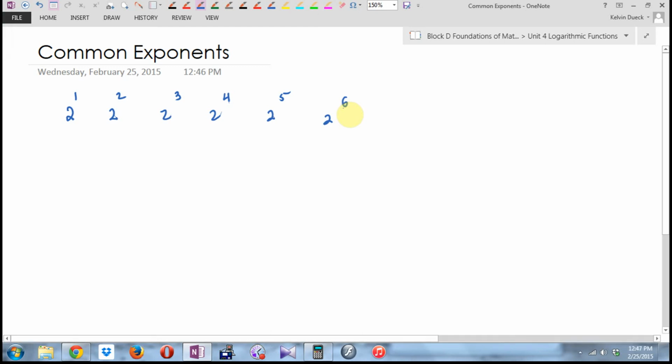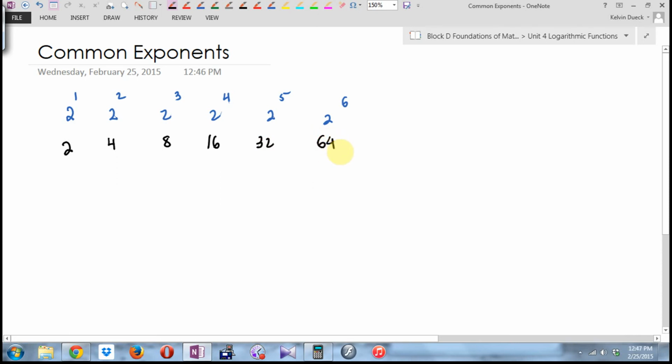I'm going to write the answers underneath each one of these. What is 2 to the 1? What's 2 squared? 2 cubed. 2 to the 4th. 2 to the 5th. 64. Keep going.